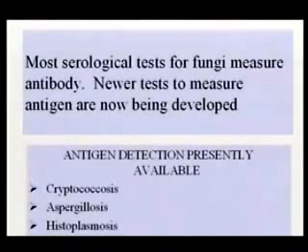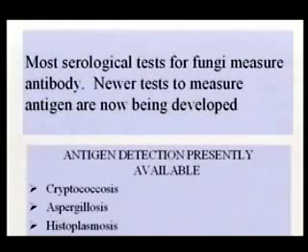Most of them measure antibody. It would be better if we could develop an antigen test because everybody doesn't produce an antibody. And these are very slow in coming. We've got one for cryptococcosis, and for histoplasmosis, we're not real sure on this because the physician who developed that never published his results.